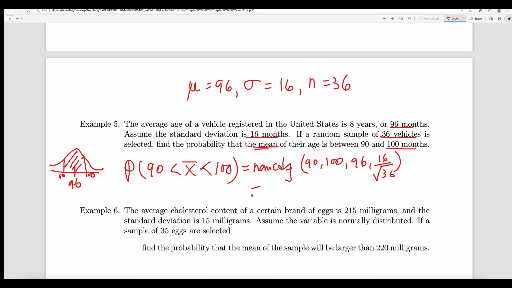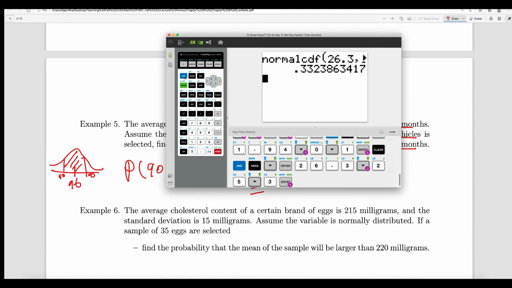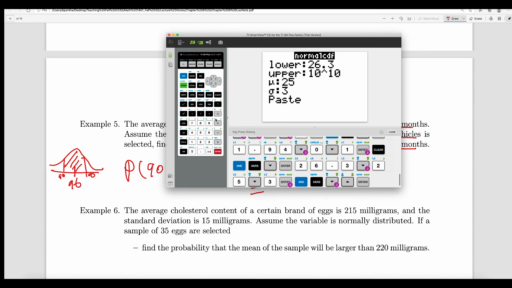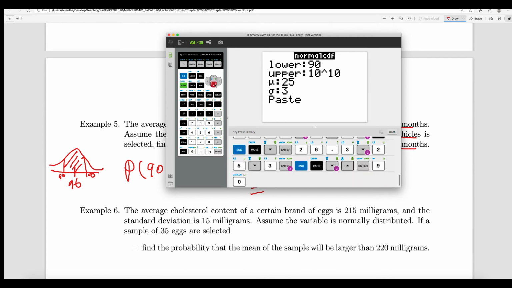Now use the calculator. What do you get? Let me do that. Second verse, normal CDF. The lower is 90. The upper is 100. Then mu is 96, the mean.